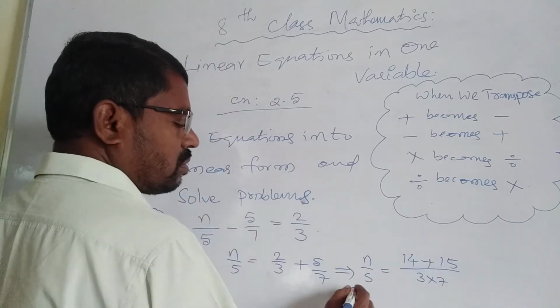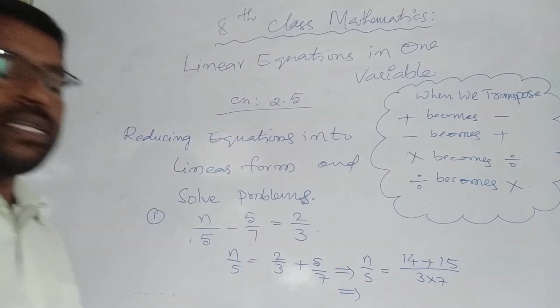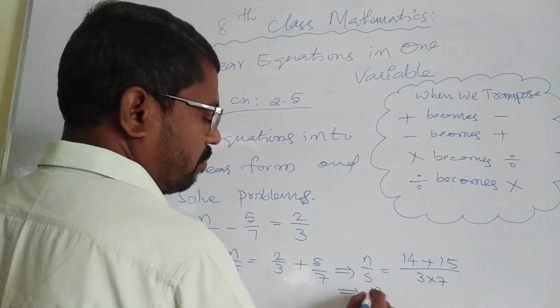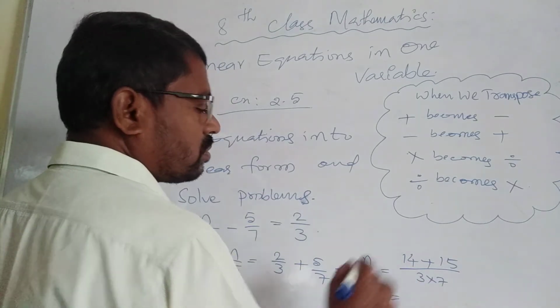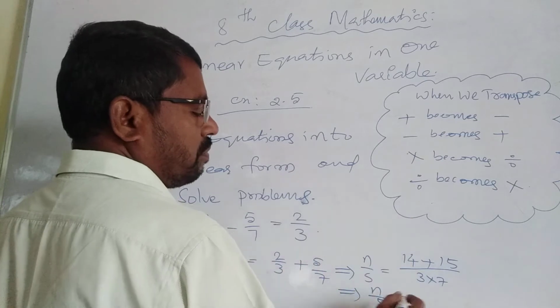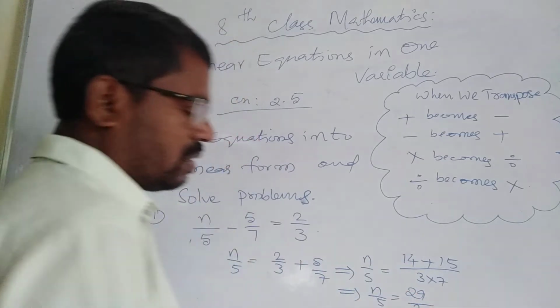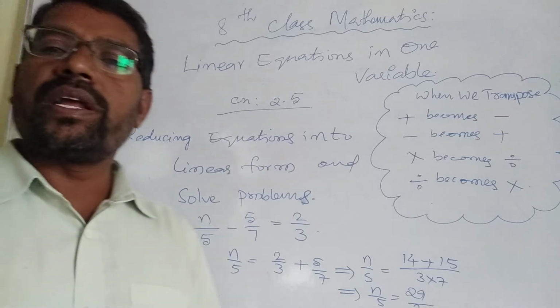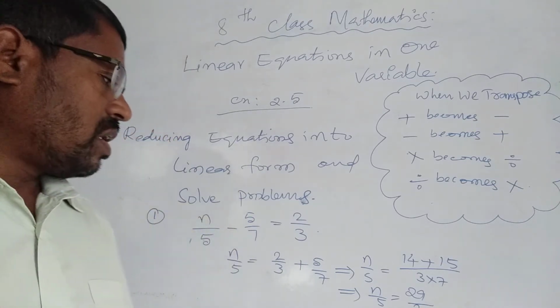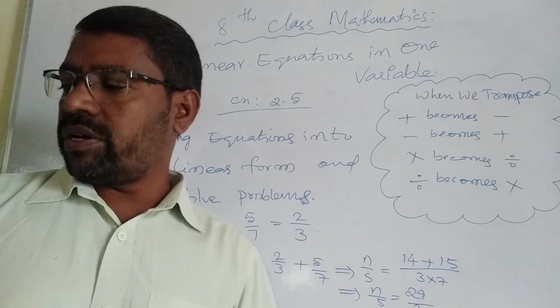That is n by 5 is equal to 14 plus 15, 29, so 29 by 21. This is the n by 5 value. n by 5 is equal to 29 by 21.